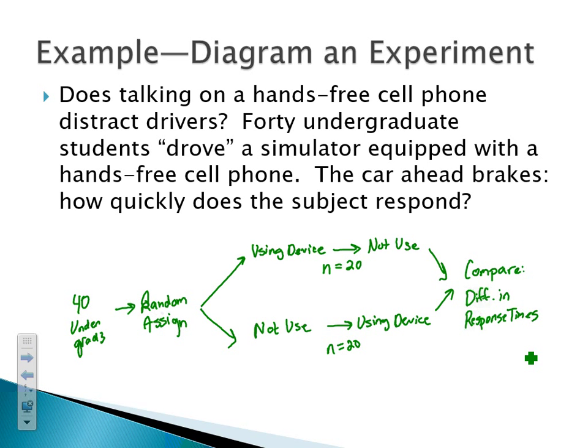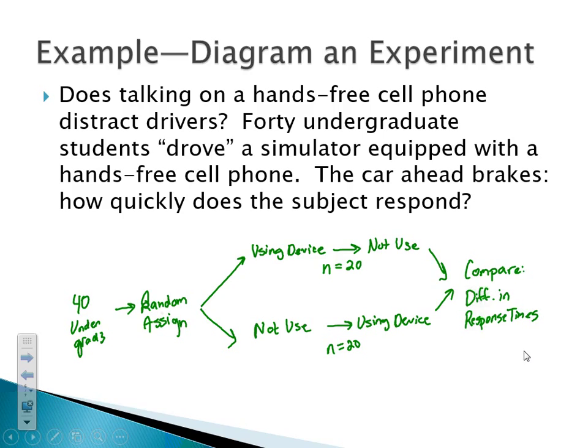And because we're utilizing a matched pairs design, a lot of things are possible here. If we see a huge difference in response times between when they're using it and not using it, well, then we know, okay, hands-free devices are still distracting.